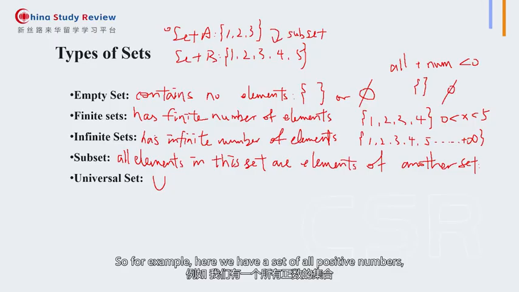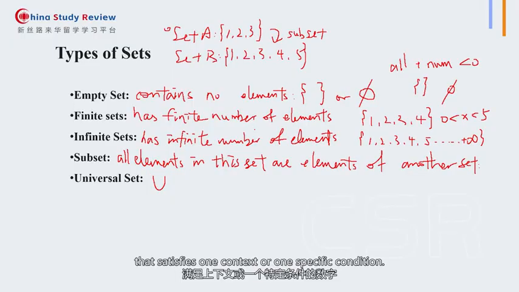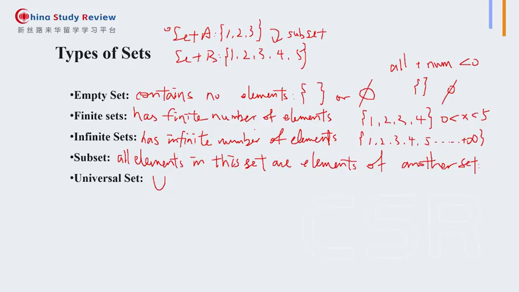For example, here we have a set of all positive numbers starting from 1 all the way to infinity, or I might say all positive integers. So this is one kind of universal set because it has every number that satisfies one context or one specific condition, for example, all positive integers.